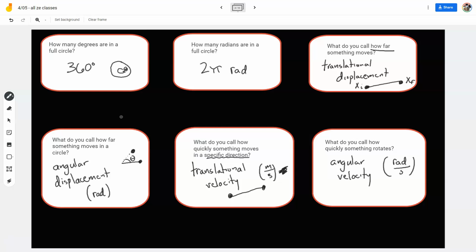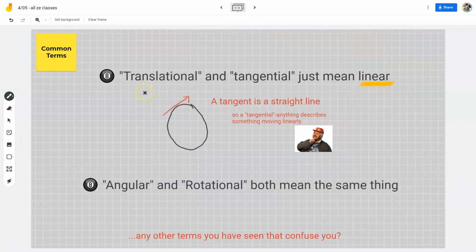So these are all quantities we've talked about before, and just some common terms that people get mixed up. Translational and tangential all just mean linear. An easy way to remember this: a tangent line is a straight line.